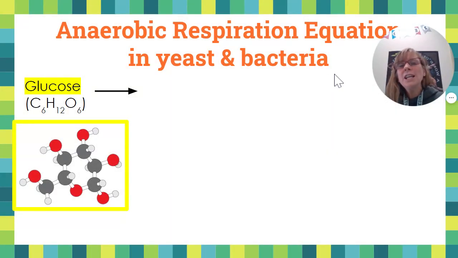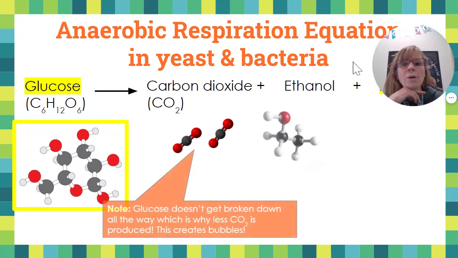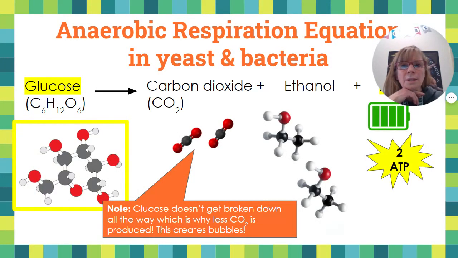If there is yeast or bacteria, our glucose molecule can produce ethanol, called alcoholic fermentation. My big takeaway is that we get some CO2. Glucose doesn't get broken down all the way, which is why less CO2 is produced, and it creates bubbles.